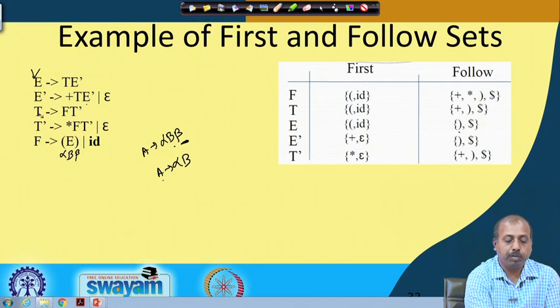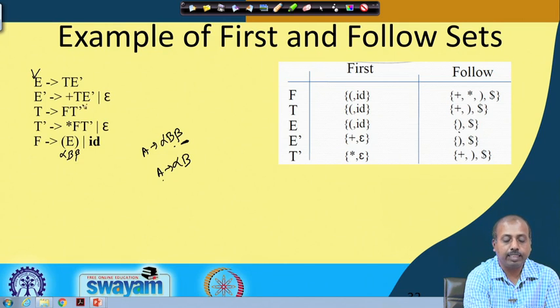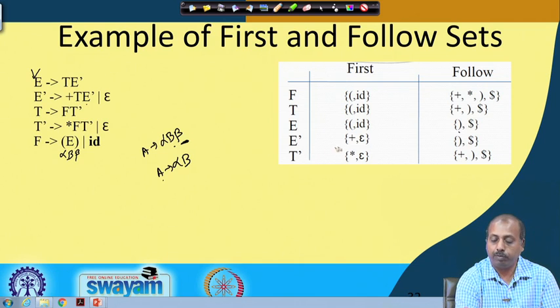Similarly, if you apply this rule, E dash producing plus T E dash, where first of E dash contains epsilon, the second rule applies for the follow set, and whatever is in follow of E dash will be in the follow of T. Follow of E dash has got close parenthesis and dollar.